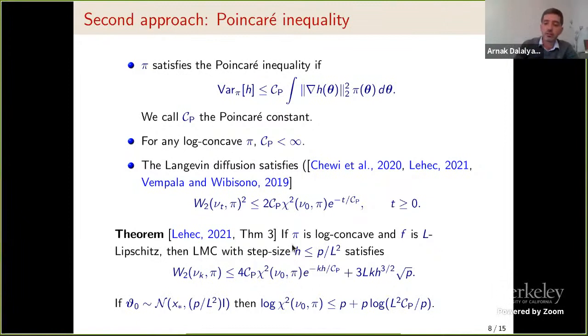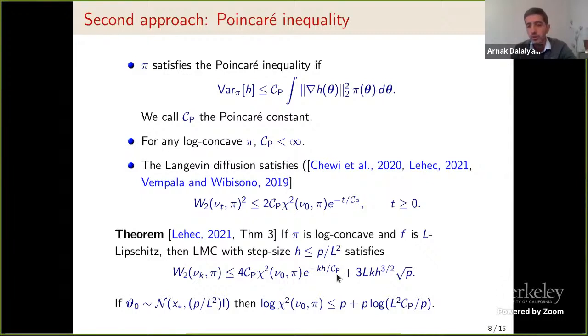So their result says that if the step size is reasonably small, then there is this bound here for the Wasserstein-2 distance. I'm sorry, there is a small typo here. This should be Wasserstein distance squared. Okay? So the Wasserstein distance squared is upper bounded by this quantity. And we see that this upper bound contains explicitly the dependence on the step size h, on the number of iterations k, which is present in both terms here.